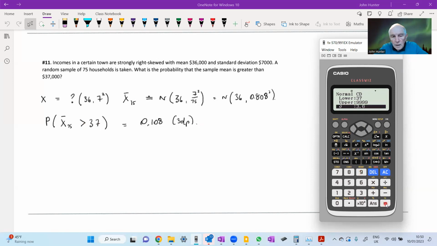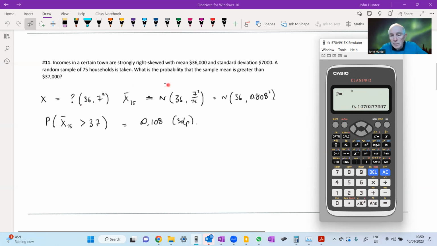Do that. Our sigma is 0.808, and our mean is 36, and we've got a probability of 0.108.